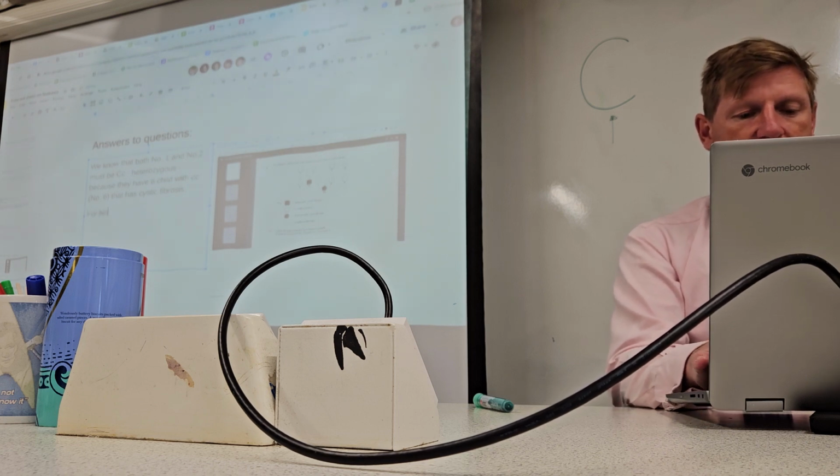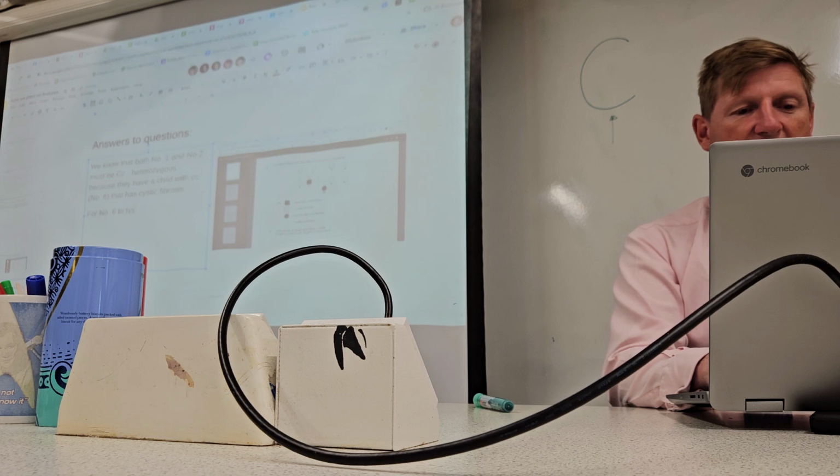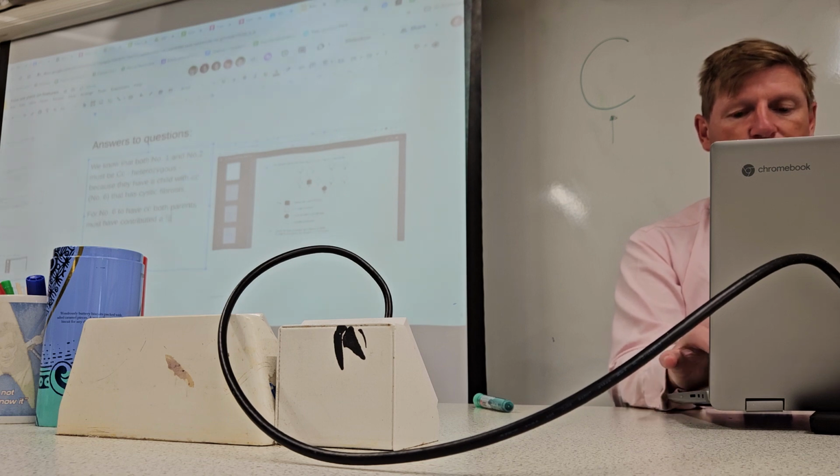For number 6 to have small c, both parents must have contributed a small c allele.